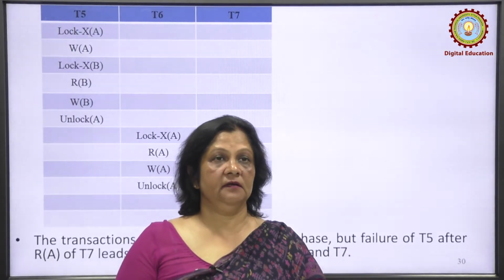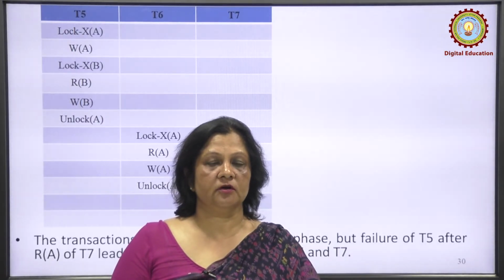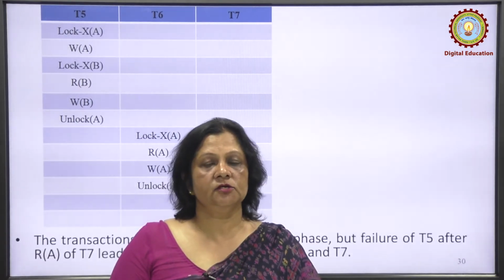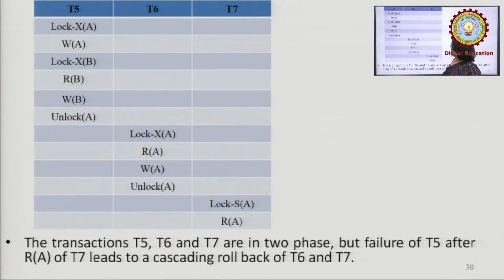Now, let us see in this example how a two-phase locking protocol can lead to a cascading rollback. We have the transactions T5, T6 and T7. T5 locks A in the exclusive mode and unlocks A over here. T6 locks A in the exclusive mode, unlocks here, and T7 locks it in the shared mode and reads the value.